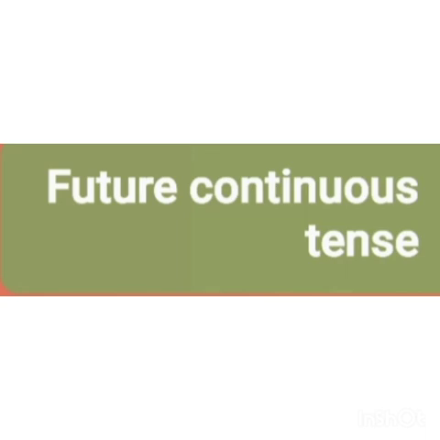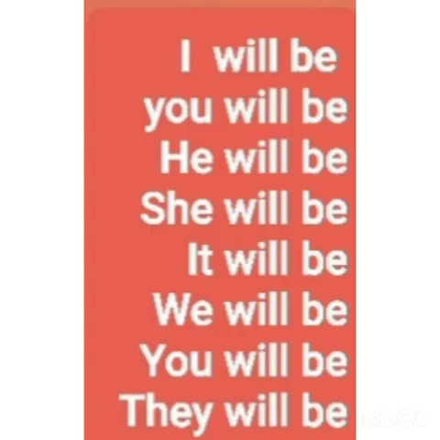Let us now understand the future continuous tense. The future continuous tense is used to express an action that will be taking place in the future. To write a verb in the future continuous tense, we need to first know the simple future tense of the verb to be.